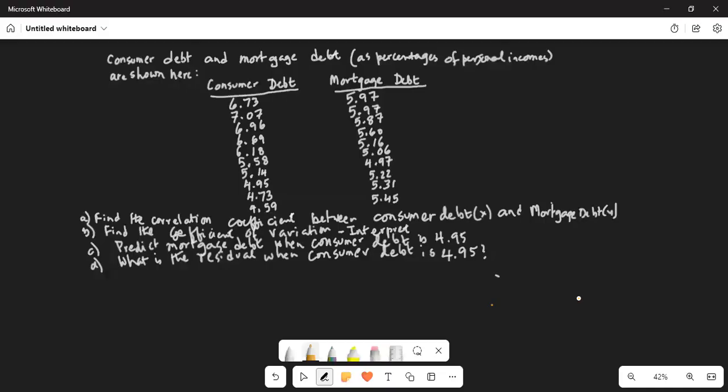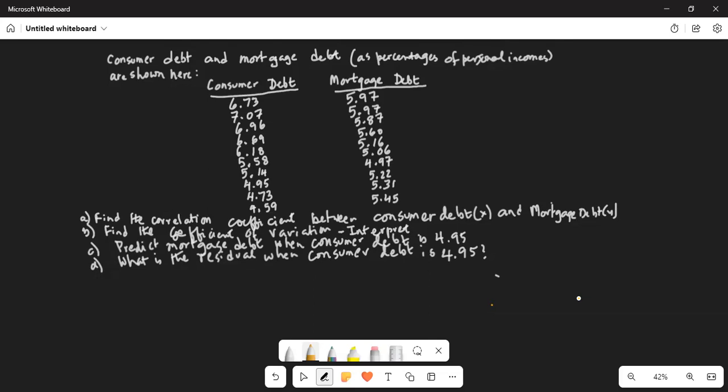So today we will do a problem on correlation coefficient. So here I go. Consumer debt and mortgage debt as percentages of personal incomes are shown here.